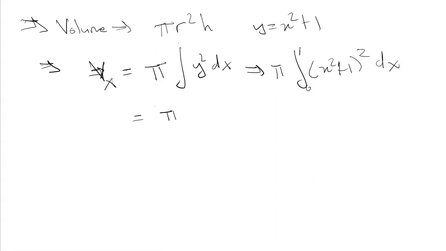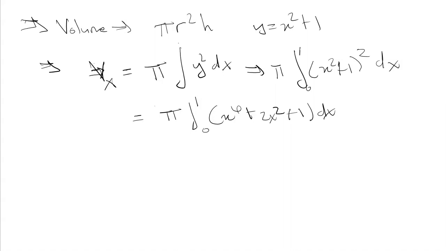So here we still have our pi, integral from 0 to 1, and we expand x squared plus 1 squared. If we expand it correctly, that should give us x to the power 4 plus 2x squared plus 1 dx.